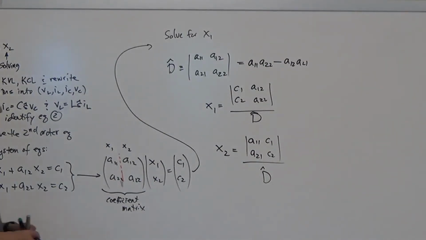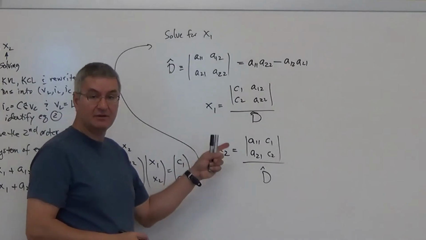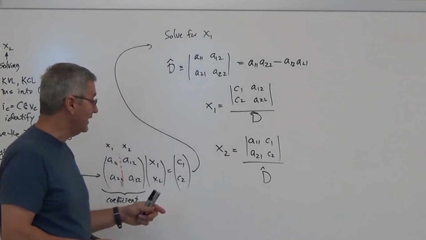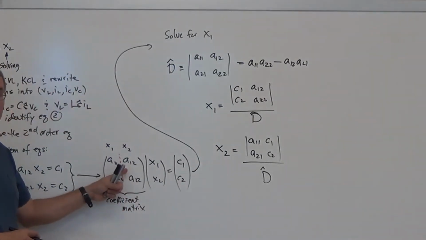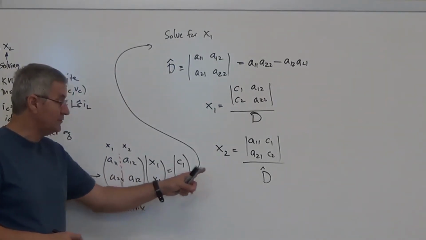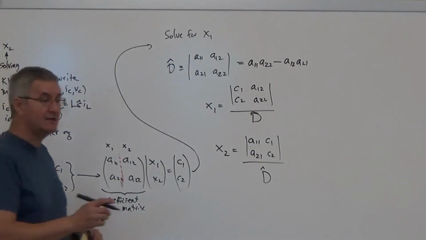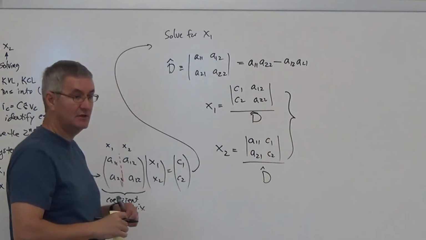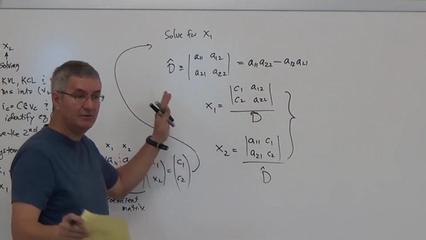But it turns out that writing it like this is inefficient. Technically, this is how you do it, because you've got to take the inverse of this matrix and put it into the denominator. But for us, I'm not going to write it like this. I'm going to immediately call this D and do the algebra.